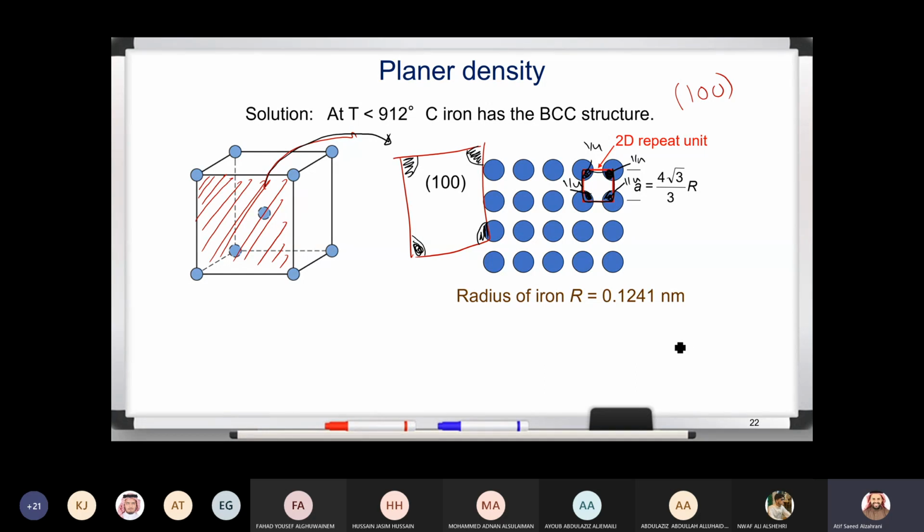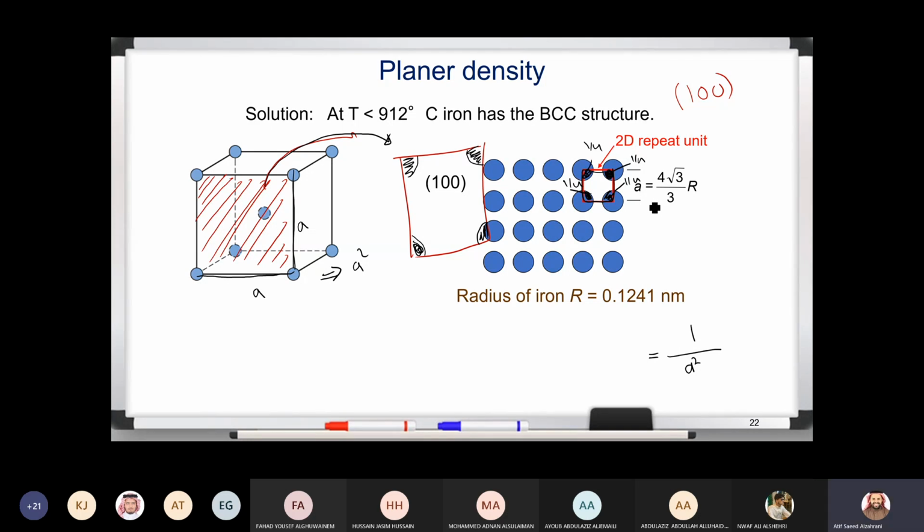So the planar density in this case equals 1 over the area. So what is the area of this one, Ishaq? So we know this is A and this is A. So what is the area? A squared, exactly, A squared, okay?